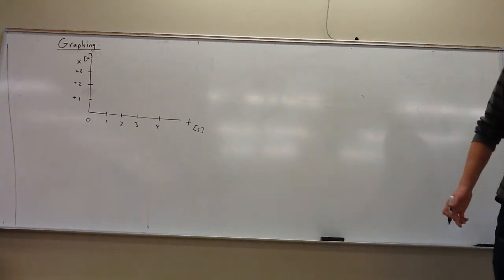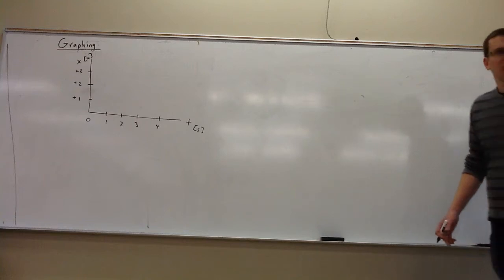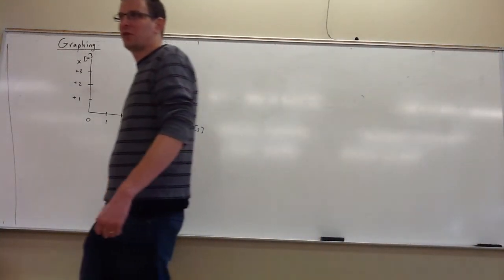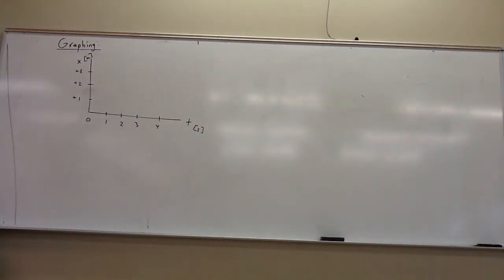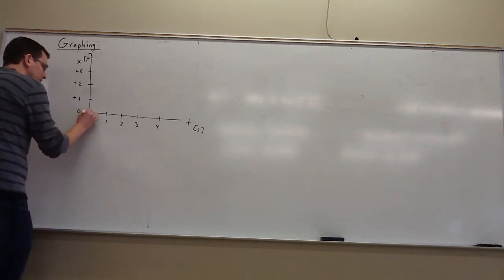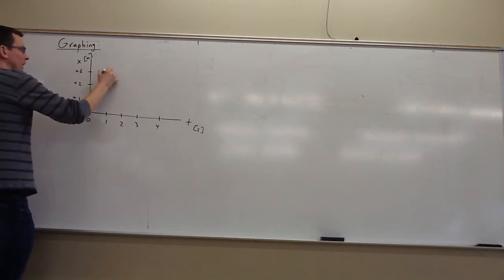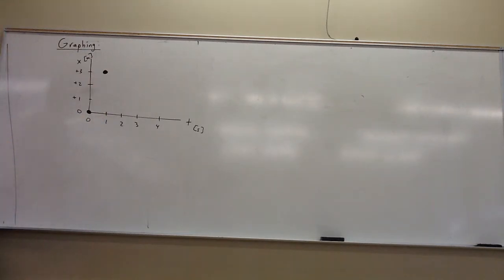And then I'm just going to throw down a shape. And it doesn't really matter what the shape is, as long as once you have the shape there, then you know what that would indicate in the real world. So let's go ahead and do that. I'll start off at 0, 0. Go up to 3 meters after 1 second.